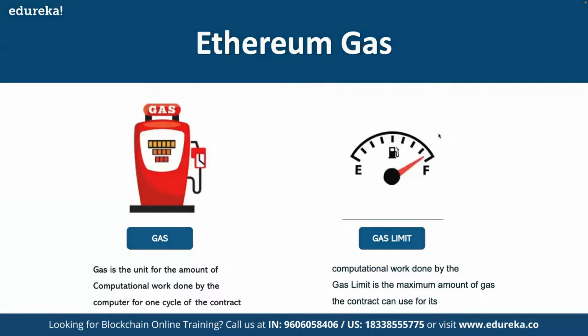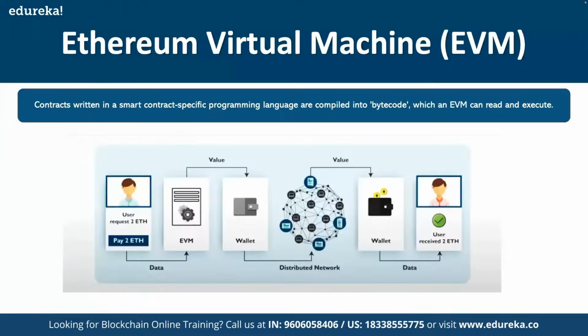Previously I mentioned the Ethereum Virtual Machine, right? The Ethereum Virtual Machine is the engine in which the transaction and everything gets executed. The EVM enables the development of potentially thousands of different applications all on one platform, and the contracts written in a smart contract specific programming language are compiled into bytecode, which an EVM can read and execute.